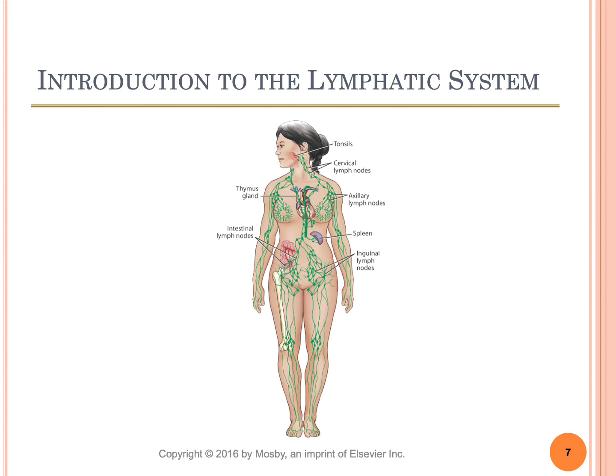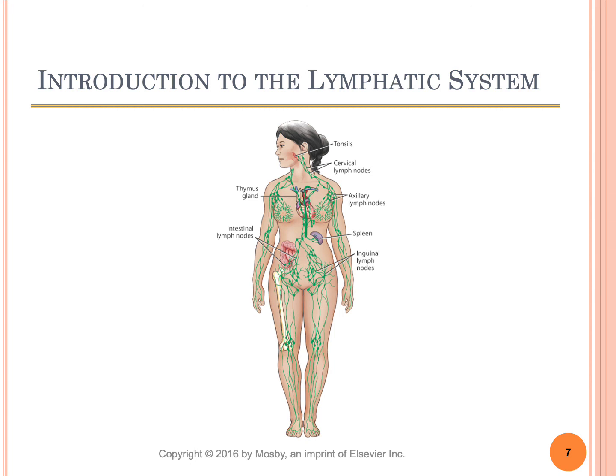Now, the thymus is located in the mediastinum, and it's a lymphatic organ. It's located right behind the sternum between the lungs, and this plays an important role in the development of the immune system because it makes something called T cells. All right. And I think I mentioned before, as we age, the thymus starts to atrophy.